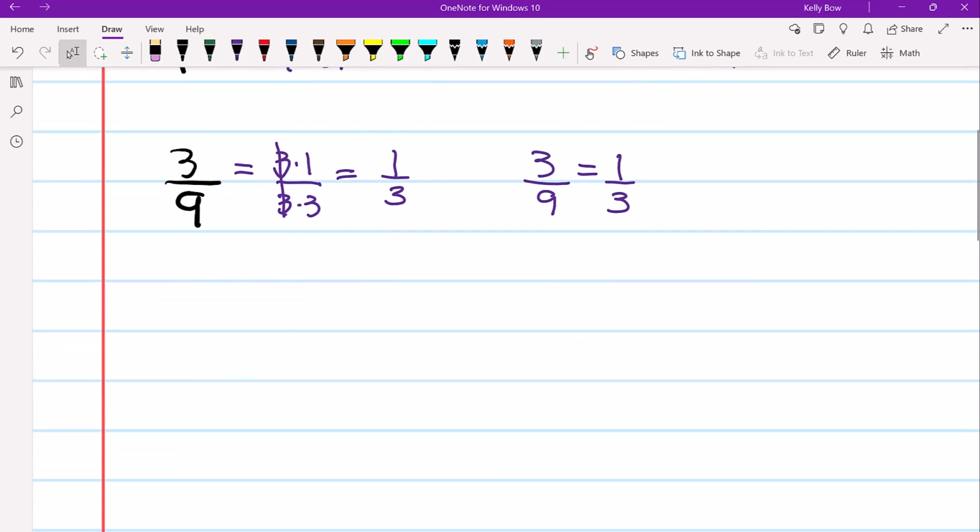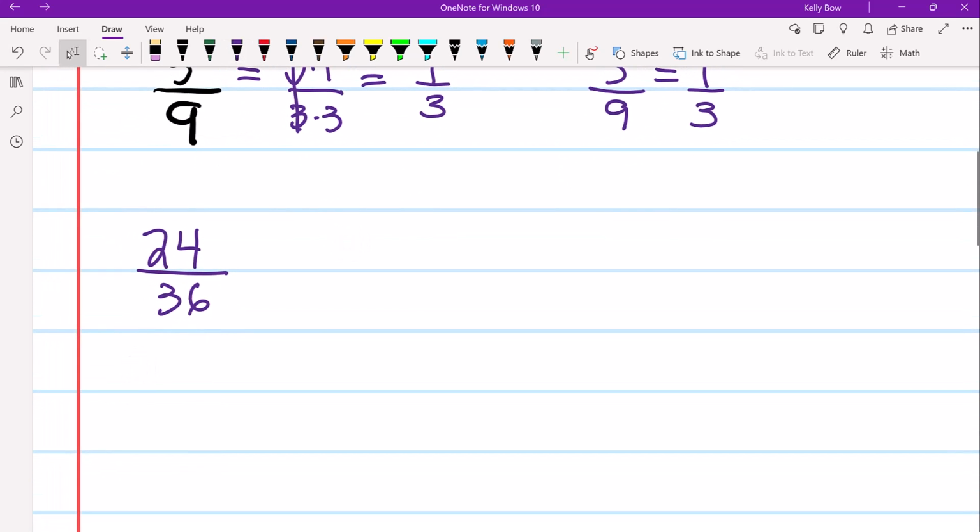So now when we get to bigger numbers, let's say it's 24 over 36. Some kids are going to notice, hey, 12 goes into both of those. But let's say we have kids that don't know that. Well, figure out what kids might notice. Some kids might notice, oh, 6 goes into 24.